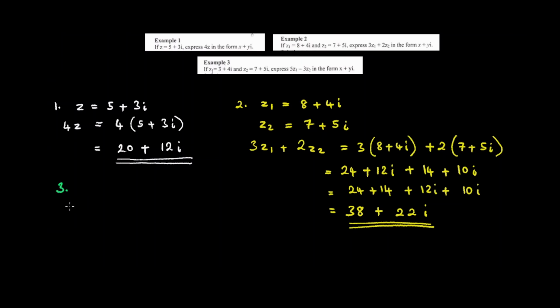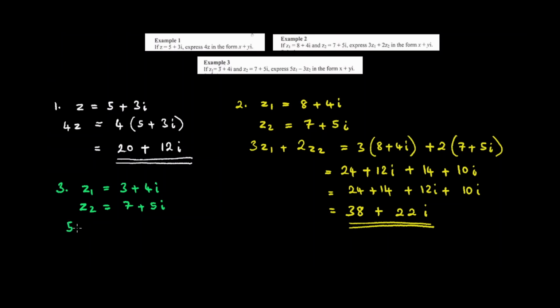Number 3. If z1 is equal to 3 plus 4i and z2 is equal to 7 plus 5i, express 5z1 minus 3z2 in the form x plus yi.